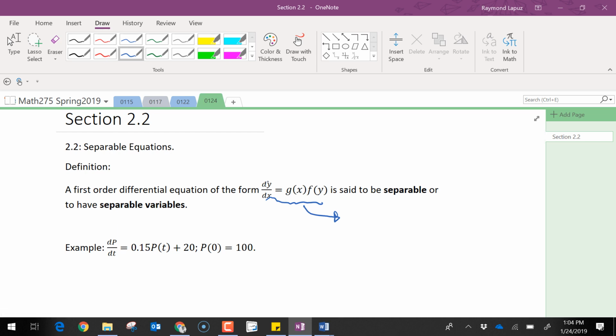Can I separate those x's and y's? And so if I divide out by f of y, for example, and if I multiply by dx, we'll have 1 over f of y dy on one side, and on the other side we have g of x dx. Then we've successfully separated this.